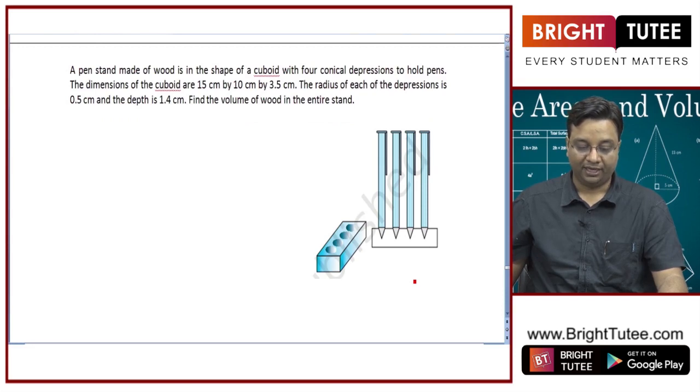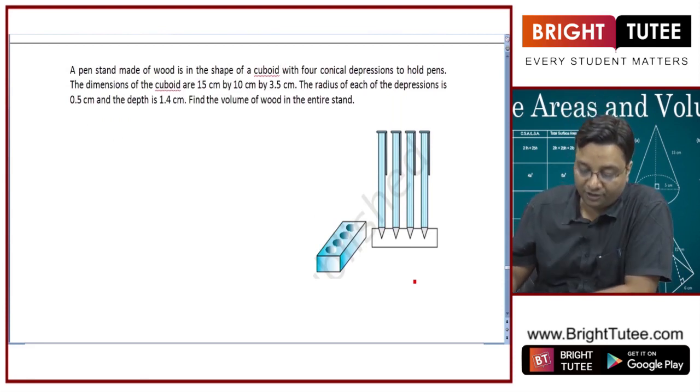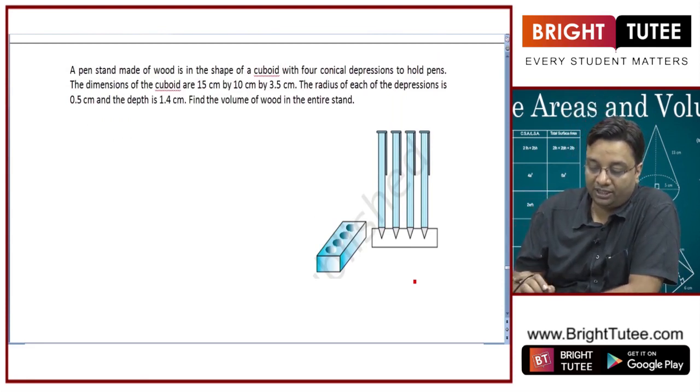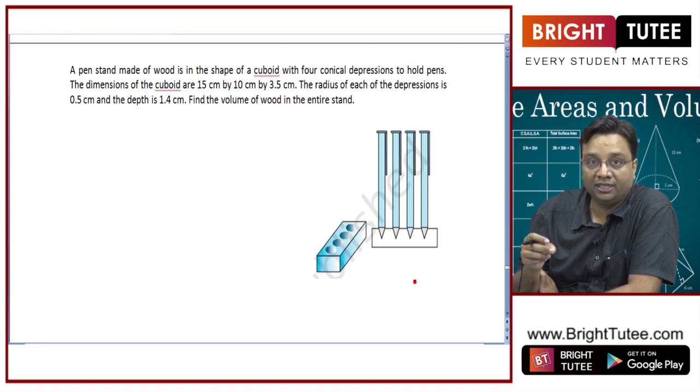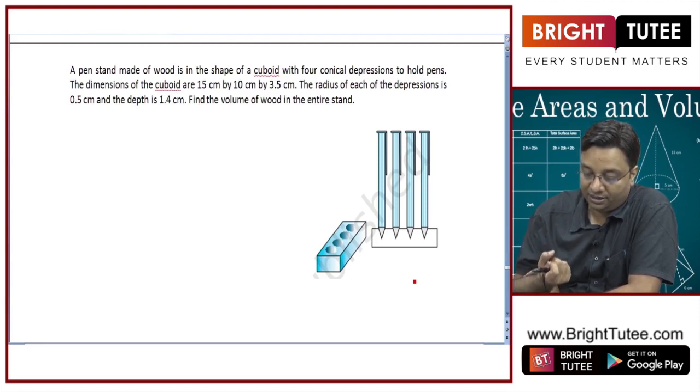A pen stand made of wood is in the shape of a cuboid with 4 conical depressions to hold pens. As you can see in the diagram, the pens are inside this cuboidal shape and the depressions are conical in shape.